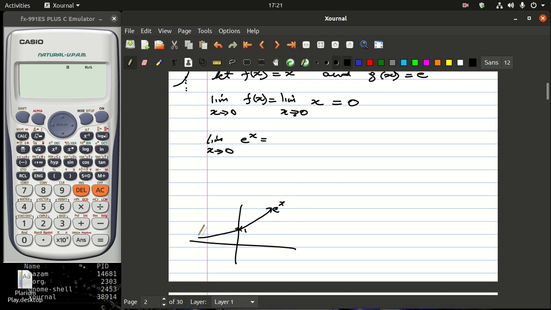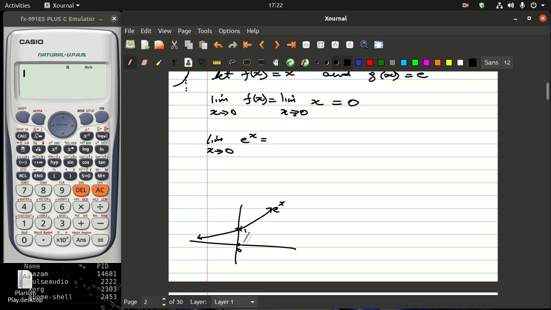Now that I have e to the power x, this is 0. If I pick a value on the right of this 0, just so close to 0 that even the computer cannot pick it up, and I plug it here, the calculator is not going to pick out the difference between that value and x equal to 0.